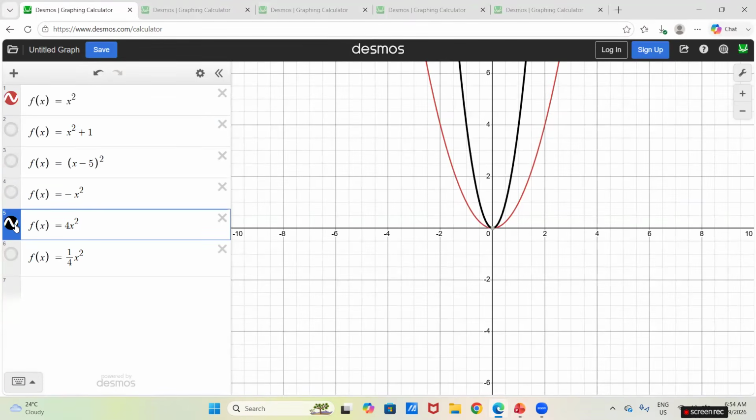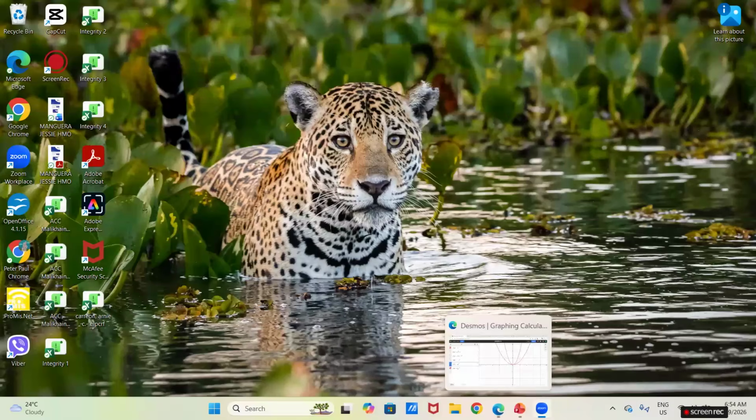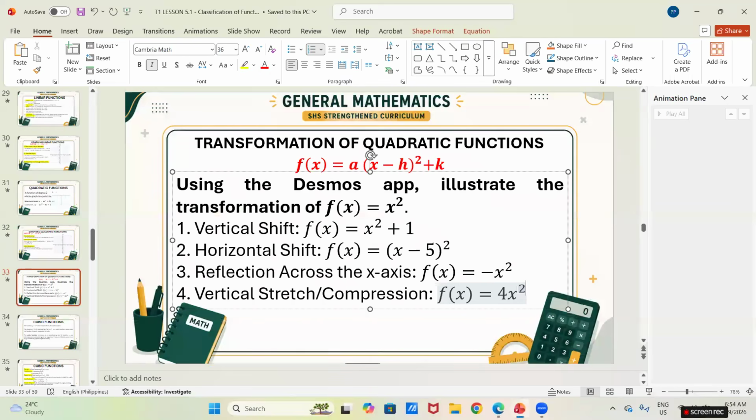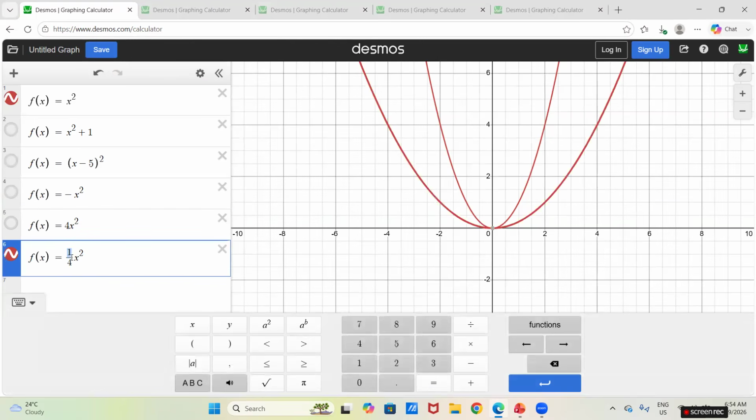It was stretched because it became taller and narrower. Did you get it? And then we also have the vertical compression. For the vertical compression, we put an a which is between 0 and 1, like 1/2, 1/3, 1/4.